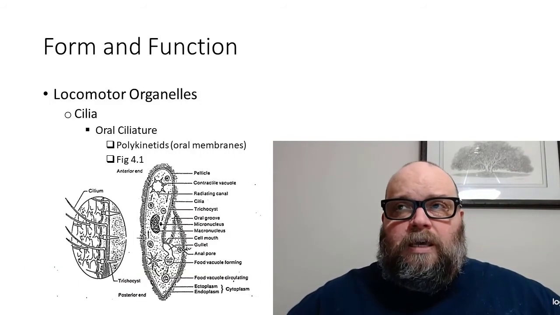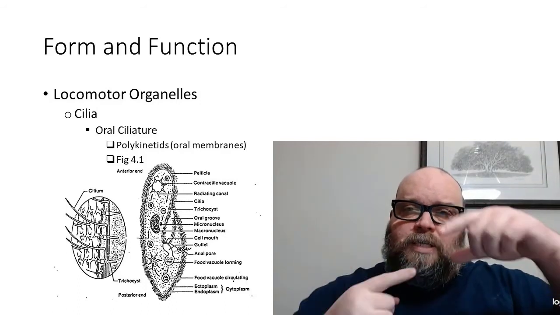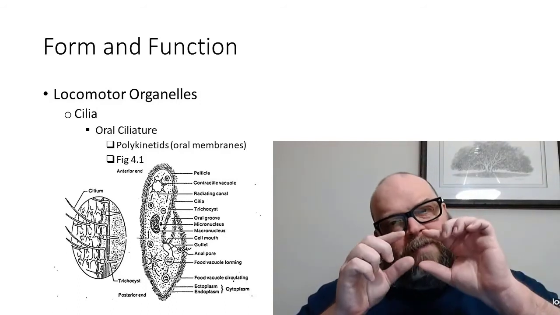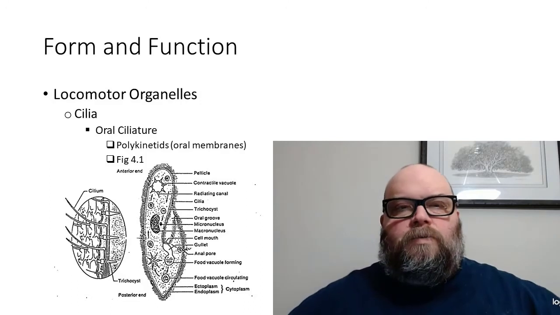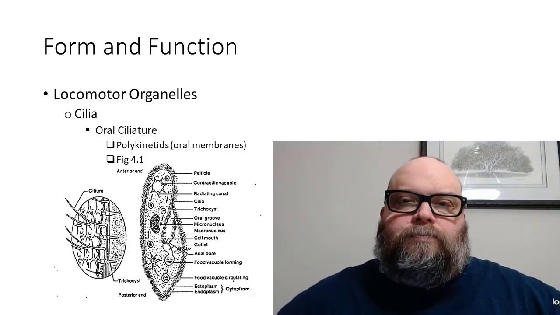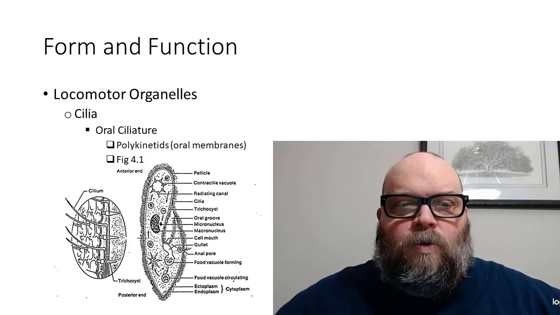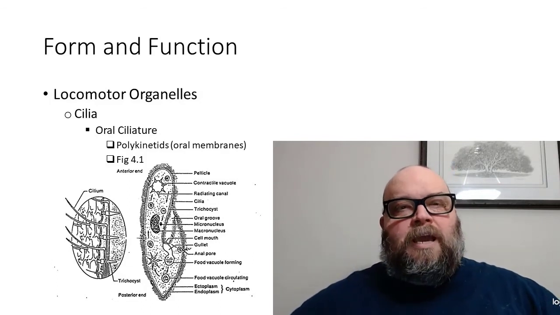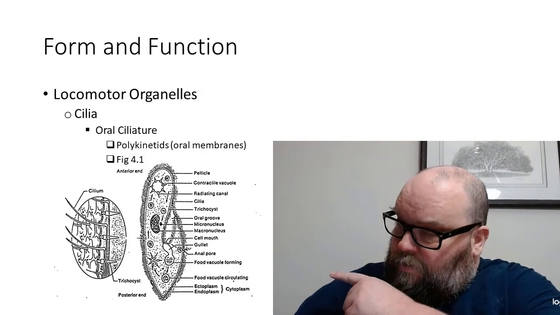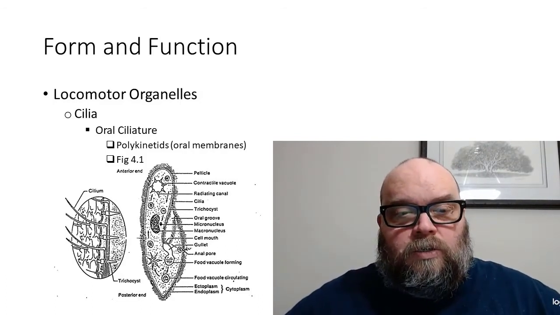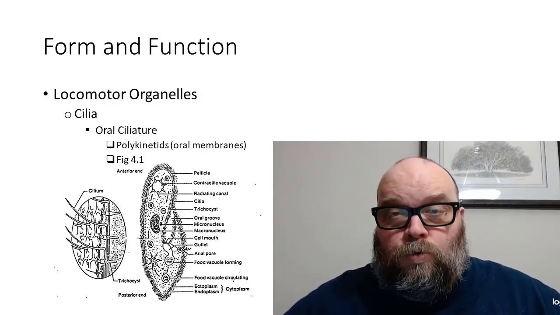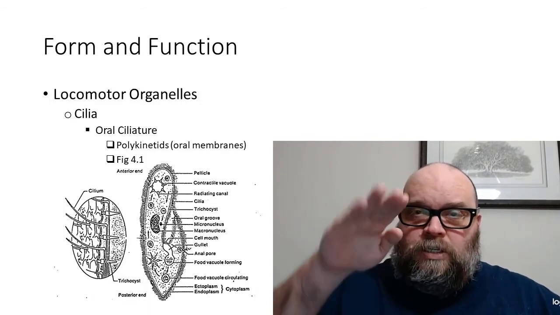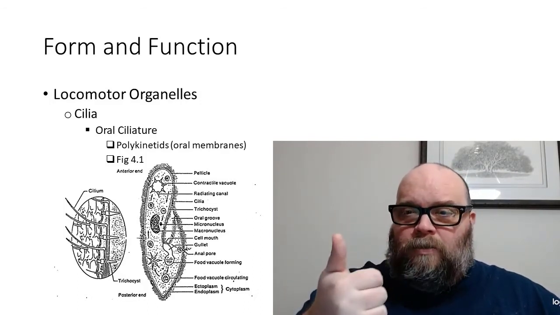What's also interesting is that there are the cilia that wrap around the cell, and then there are going to be modified versions of them around an oral opening. Okay. When I say oral opening, I'm not saying that these guys have a mouth. What they have is an area, as you see here in this artist rendition, that's referred to as an oral groove. It's an indentation in the pellicle. The pellicle has been modified.